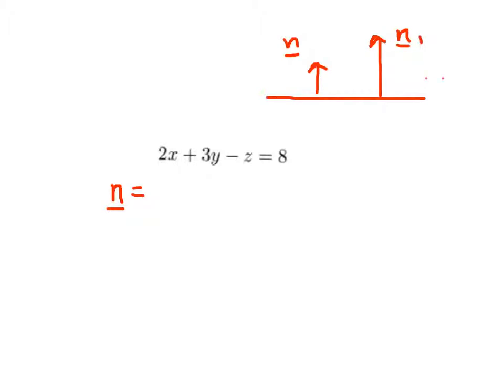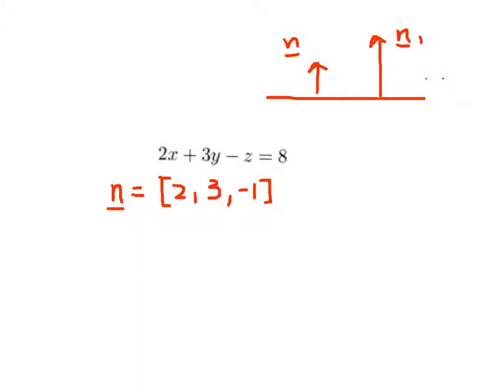So there are many normal vectors to that plane. Anyway, one of the normals to the plane would be, just write down the coefficients of x, y, and z: 2, 3, and -1, the coefficient of z. They form the normal vector.